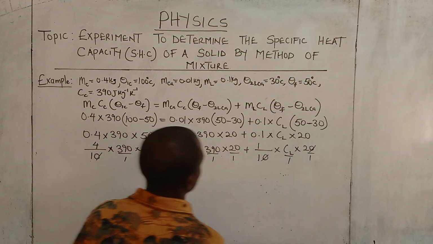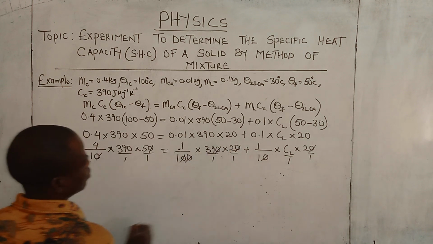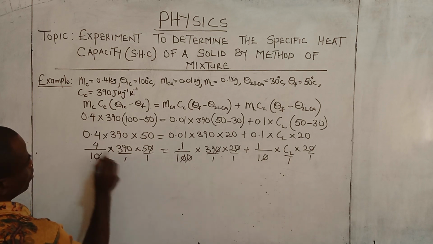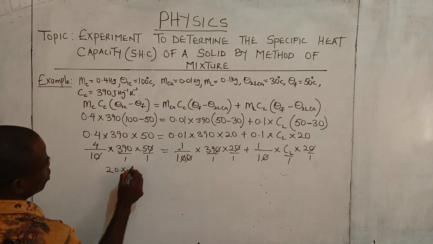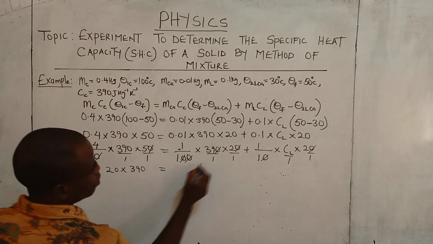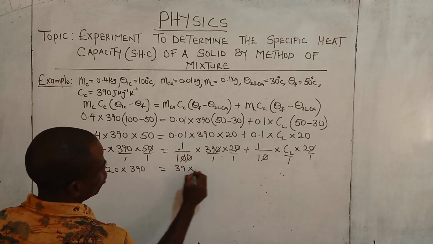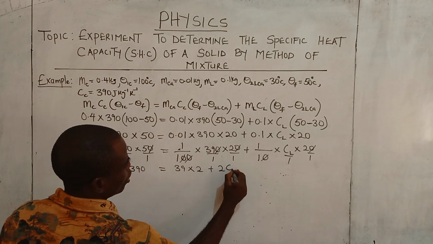Now 0 cancels 0. Here, you can say 4 times 5, that's 20, times 390 equals 39 times 2 plus 2CL.